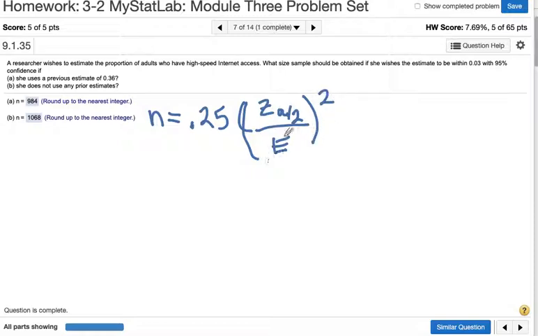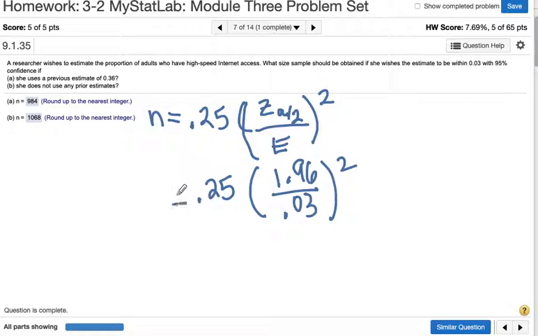So we're going to do the same thing here where we just substitute in for the margin of error and z-score. This one is 1.96, and the margin of error is 0.03, and then we're squaring that.